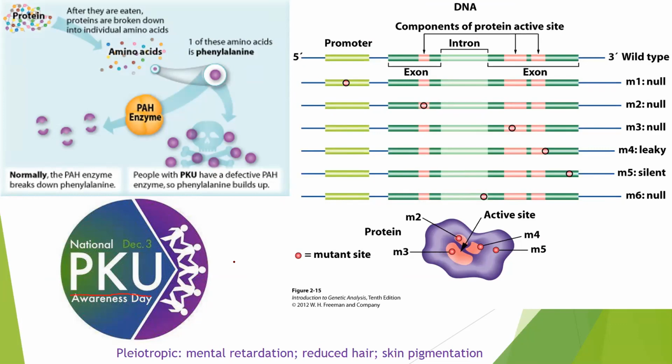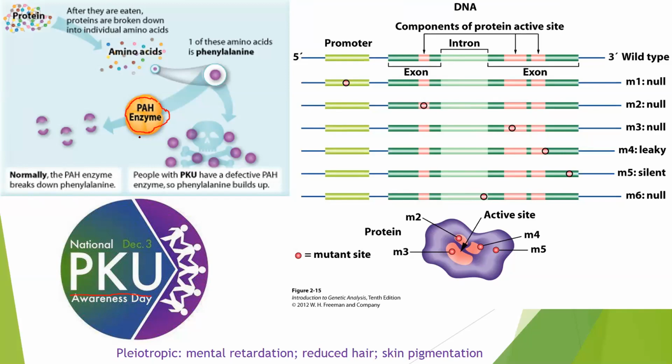This is a one gene disorder. The normal gene can produce the functional PAH enzyme, but if the gene has some mutation, that mutation can cause a problem with this enzyme. And then the individual will have some disordered phenotype.